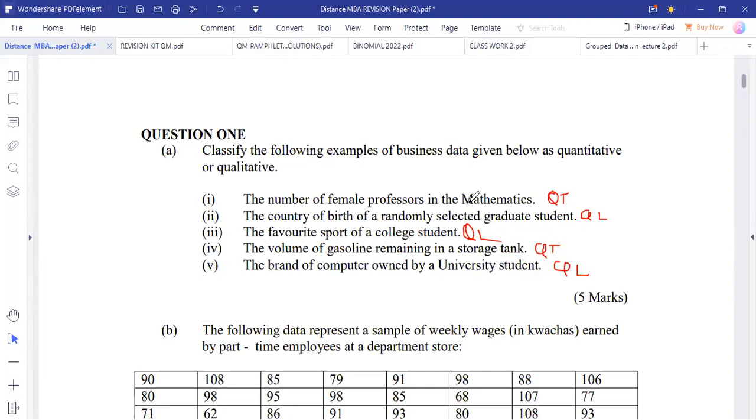Now, we're going to quickly go to measures of central tendency. So you'll be given numbers, for instance, as follows.